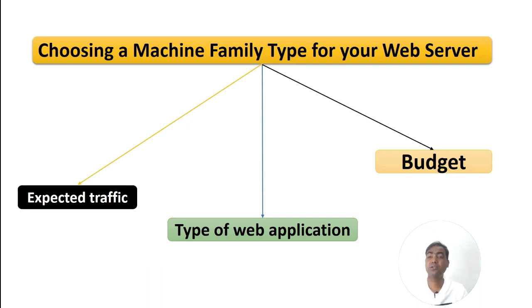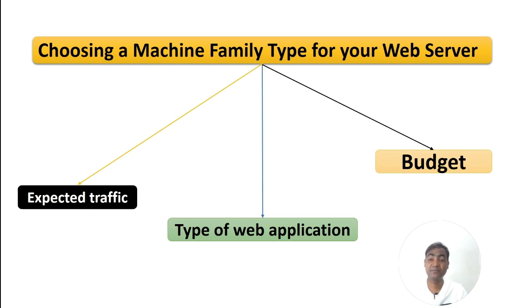If you are not sure which machine family type is right for your web server, you can use the Google Cloud Pricing Calculator to compare the cost and performance of different machine types. You can also use the Compute Engine machine type recommendation feature to get a personalized recommendation for your workload.